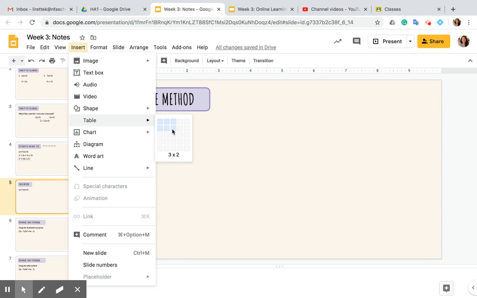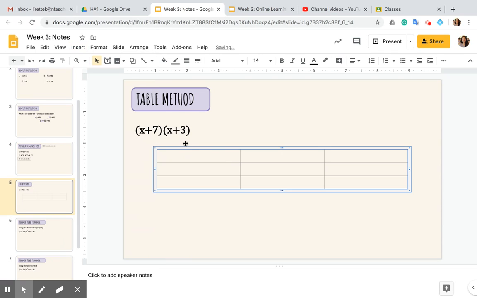Okay, so basically what I'm doing here is I've got my 2 rows and columns where I'm going to multiply, and I've got a couple extra on the side. You don't have to do it like this if you don't want to. You can just do 2 rows, 2 columns, and just insert text boxes. But basically here, my 2 rows, 2 columns.